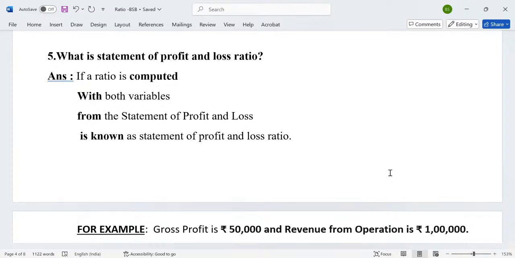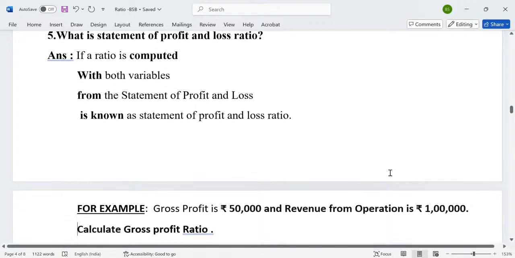If a ratio is computed with both variables, both numerator as well as denominator, taken from the statement of profit and loss, it is known as statement of profit and loss ratio.